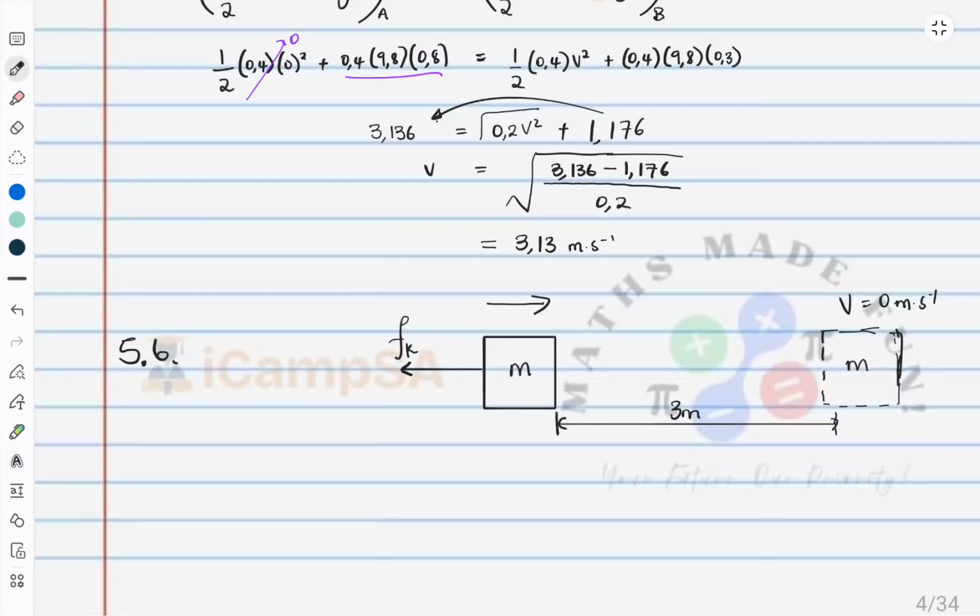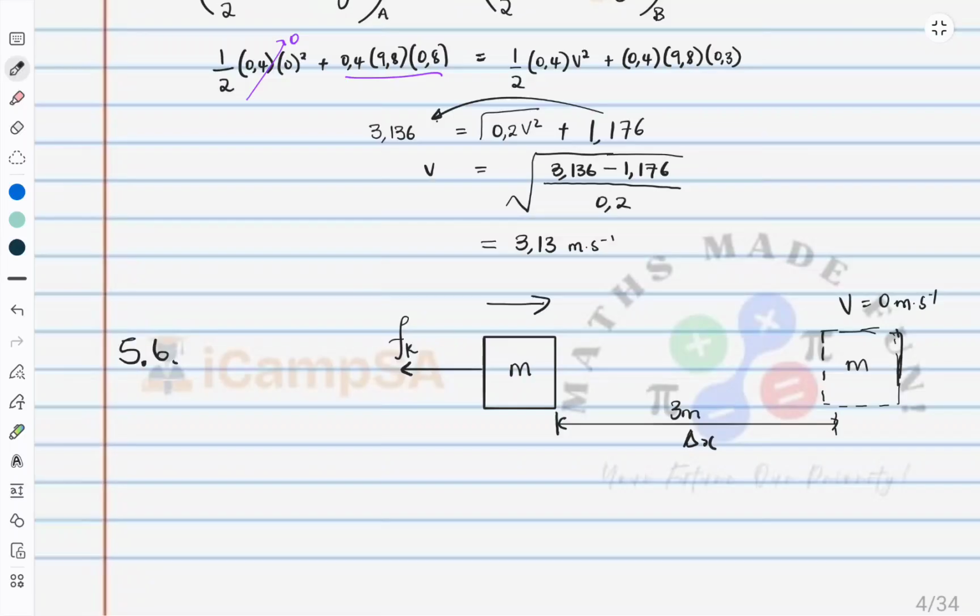Now this will be our delta x, and if you remember, the net force applied on an object for a certain distance will do work on that object. So if we say Fk times the 3 meters times the cosine of the direction of the force, we can get the work done by that force.